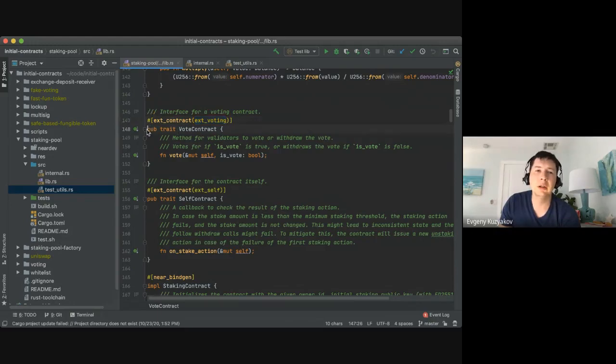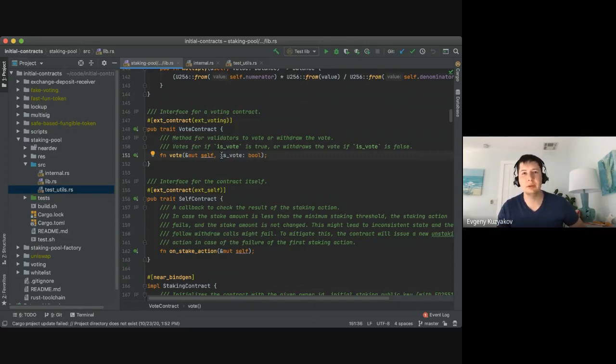Then you have a trait describing the interface of the external contract that you want to call. This describes that you can call a method vote on a remote contract and pass one argument, which is vote true or false, a Boolean. Now you will be able to create a promise when you need it and pass a positional argument instead of a JSON serialized argument.